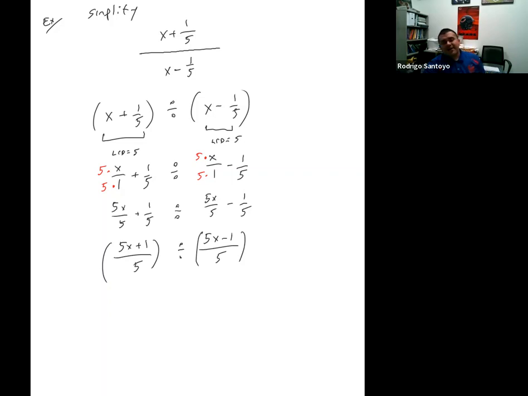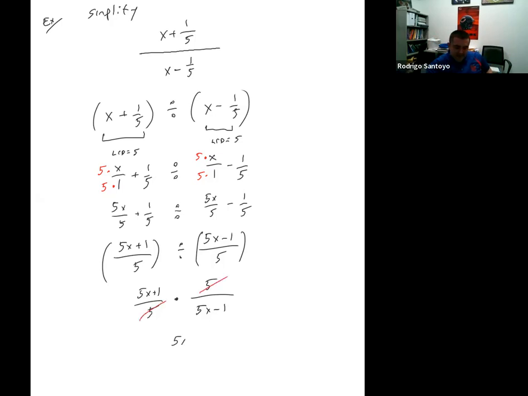And then how do we divide fractions? Well, we keep the first fraction. We change division to multiplication. We flip the second fraction. All right, this is just a little bit of review from 5.1. And now you notice 5 on top, 5 on bottom, cancel out.